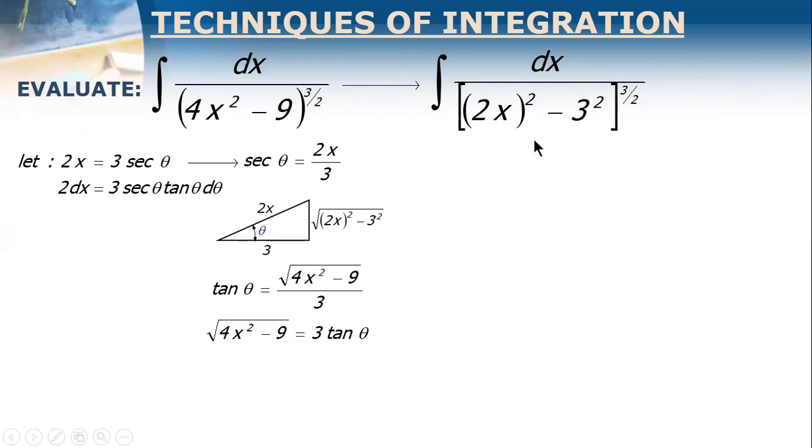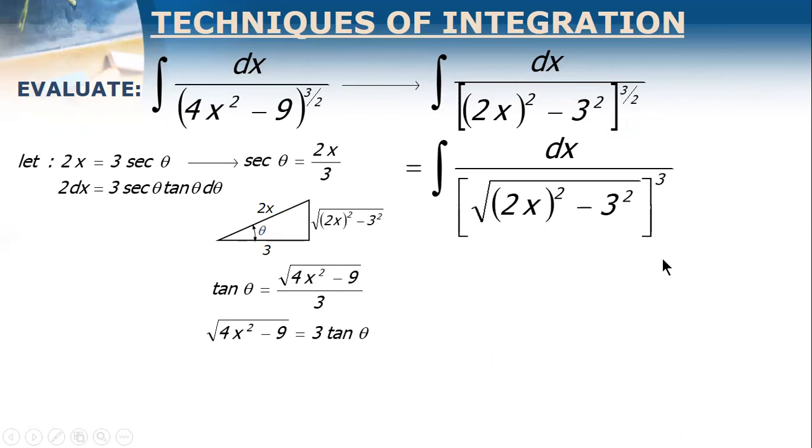Now this can be written by extracting 1/2 and transforming it to radical form. This is the result. Because the square root of 2x squared minus 3 squared, if you transform this to exponential, is equal to 2x squared minus 3 squared quantity raised to 1/2. So 1/2 times 3, by the law of exponents, results in 3 halves.